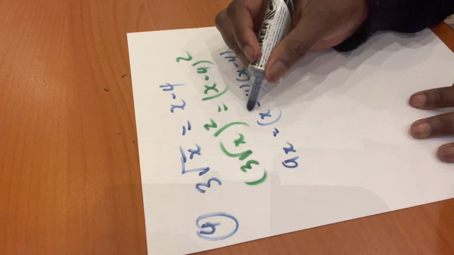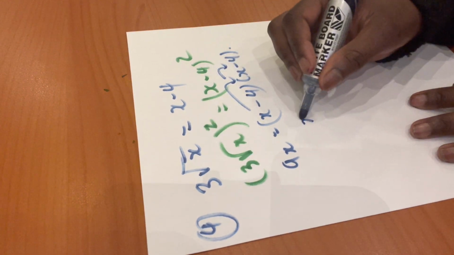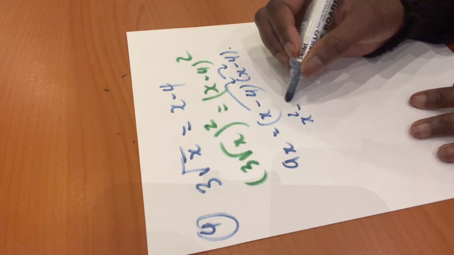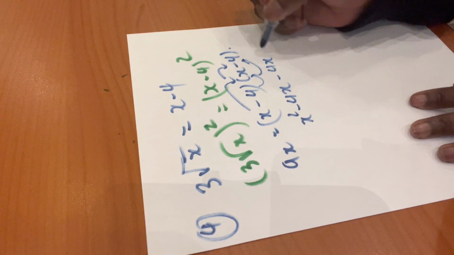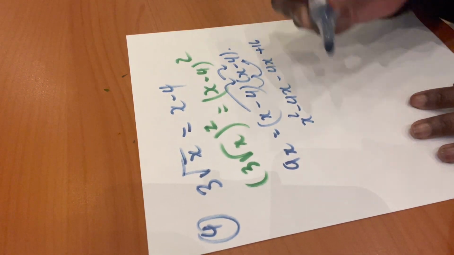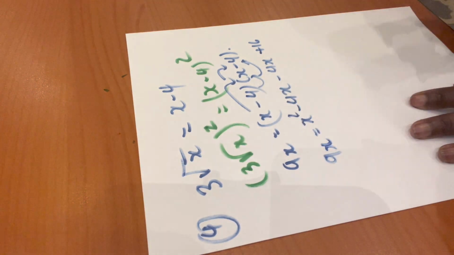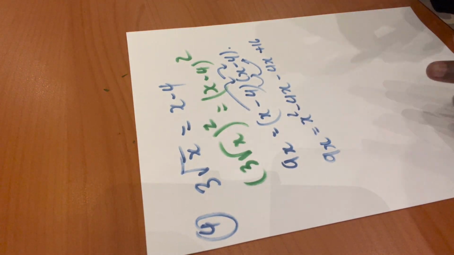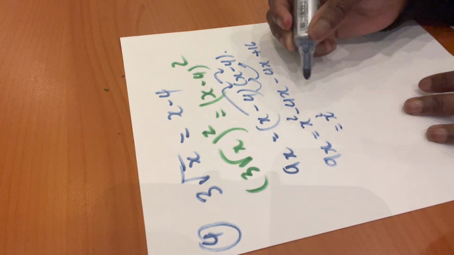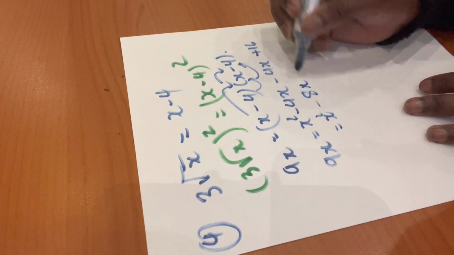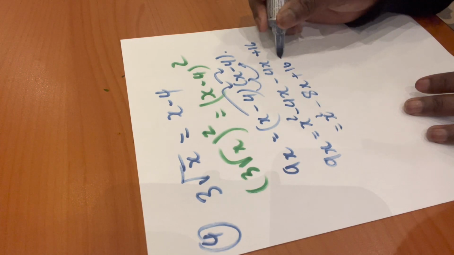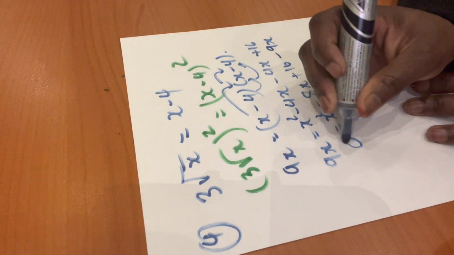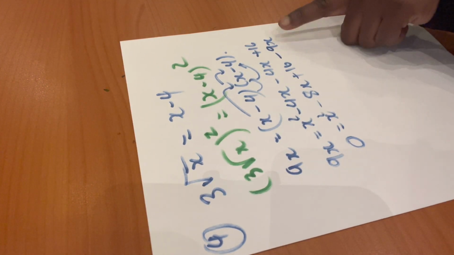Then I can just expand. I get x squared minus 4x minus 4x plus 16, and here I'm still left with 9x. Then I get x squared minus 8x plus 16. I bring the 9x to the other side, minus 9x. It changes the sign because it's crossing over to the other side.